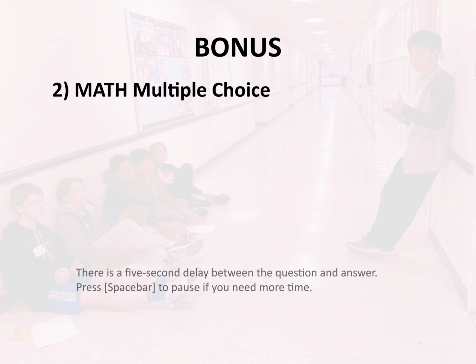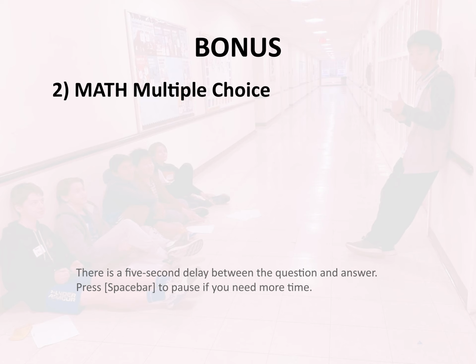Bonus 2. Math. Multiple choice. Given the two sequences S1 with nth term 2 over the quantity n plus 6 and S2 with nth term n over the quantity 5 plus n, which of the following statements is correct? W. S1 and S2 are both increasing.